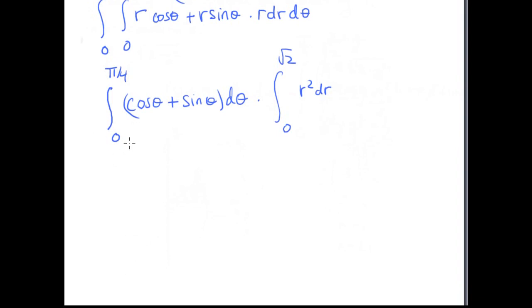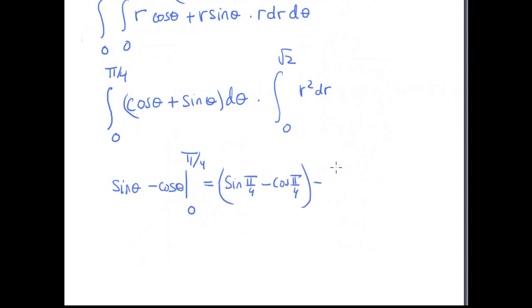The antiderivative of cosine is sine. The antiderivative of sine is minus cosine, and you evaluate between 0 and pi over 4. So, sine pi over 4 minus cosine pi over 4 minus sine 0 minus cosine 0.